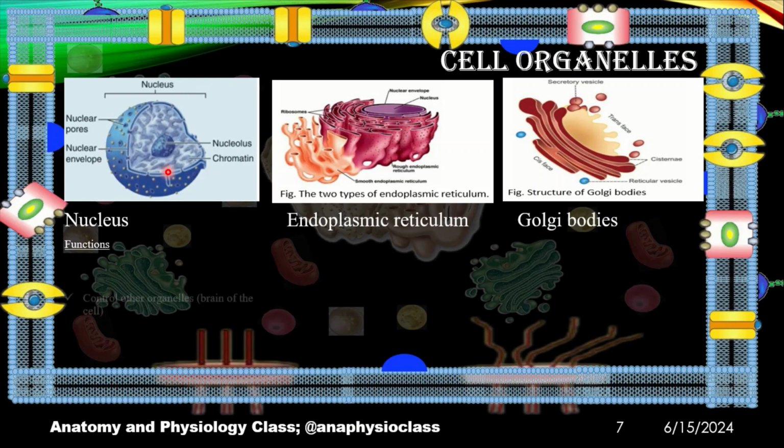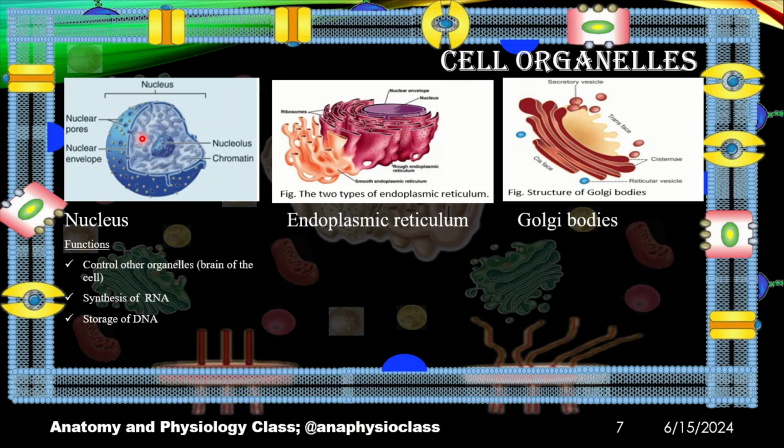So what are the functions of the nucleus? The nucleus controls other organelles. It is responsible for the control of the cellular activities in the cell. It is the one responsible for controlling the remaining organelles, hence it is known as the brain of the cell. And synthesis of RNA. The nucleus is responsible for synthesizing RNA. We are going to see that when we come to protein synthesis.